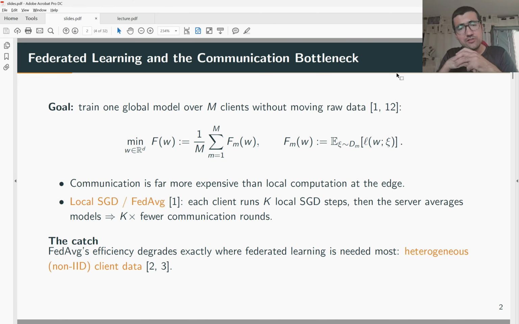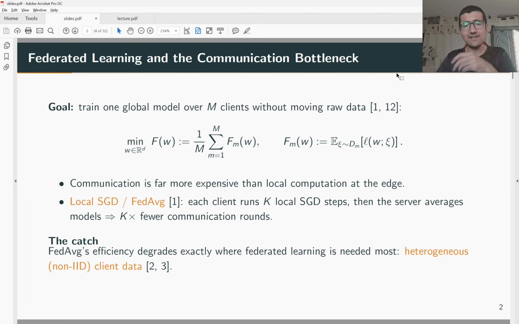The classic answer is local stochastic gradient descent, local SGD, better known as FedAvg. Instead of synchronizing after every gradient step, each client runs K local steps, and only then does the server average the models.